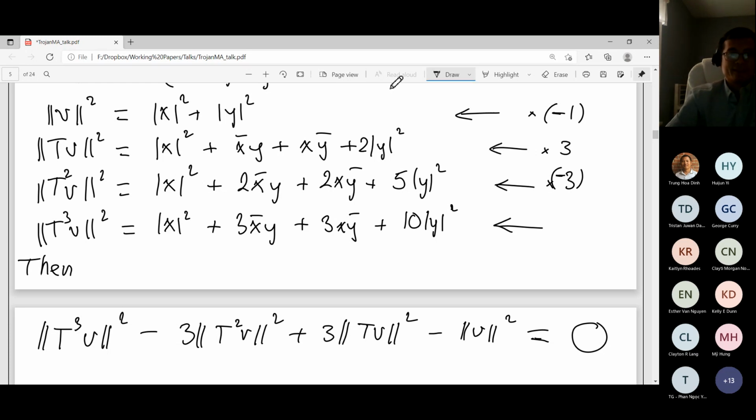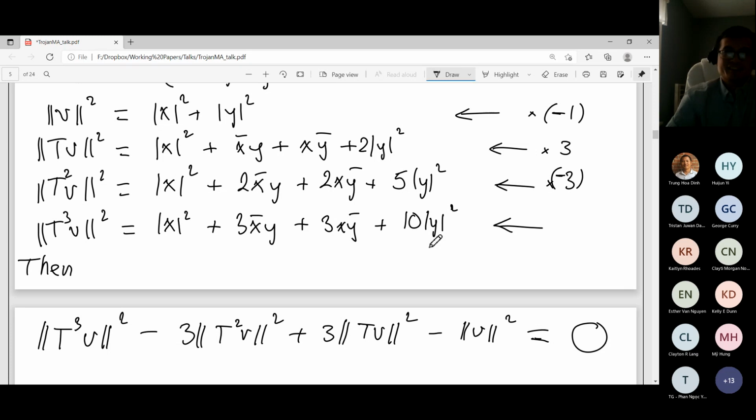So for example, if we take this, subtract 3 times, plus 3 times, and minus this, we get 0 because they're the same. But this is the same thing here, right? 3, and then we subtract 2 times 3, so 3 minus 6 plus 3, that's 0 again. And for this one, we have 10 minus 15 plus 6 minus 1. So if I do my arithmetic correctly, this is also 0, I hope.